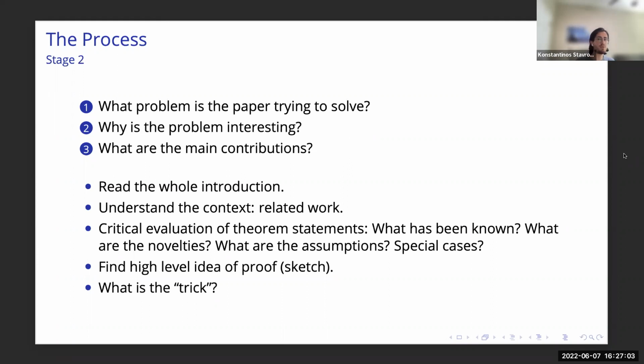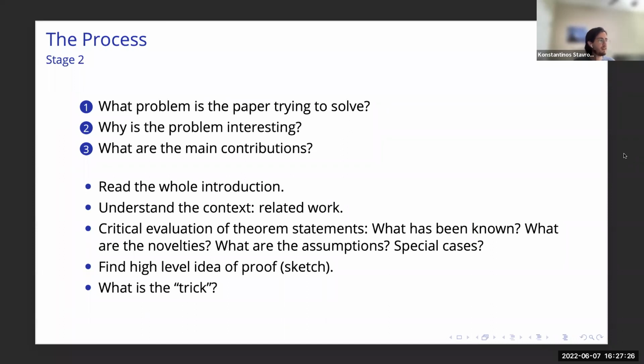Also to read the related work, but maybe it's not advisable to navigate through other papers, in the sense that opening a new paper and trying to read another paper while reading the first one might create some confusion.